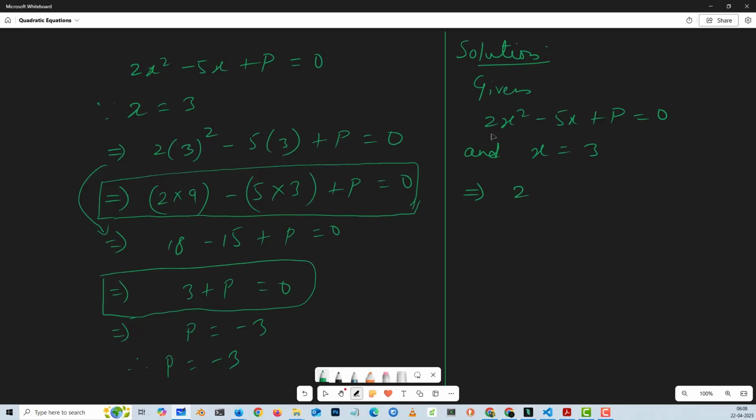It implies 2 into 3 to the power 2 minus 5 into 3 plus p equals to 0. It implies 2 into 9, which is equals to 18, minus 5 into 3, which is 15, plus p equals to 0. So 3 plus p equals to 0, therefore p equals to minus 3. That's it.